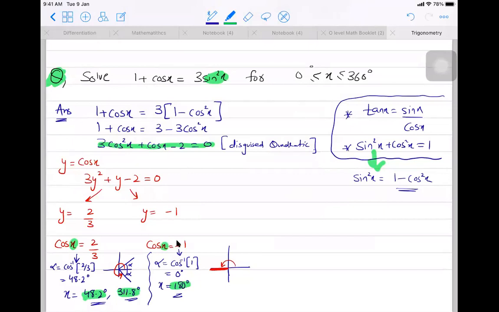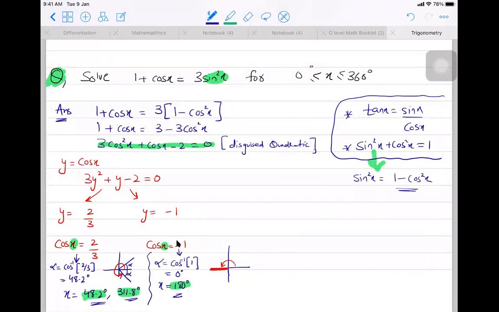Sir, can I ask something? Yeah. Sir, in the part with the disguised quadratic, can't we take cos common and make it cos x equals 2 and 1 plus 3 cos x equals 2? No, that does not happen.